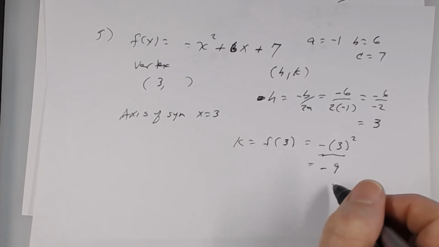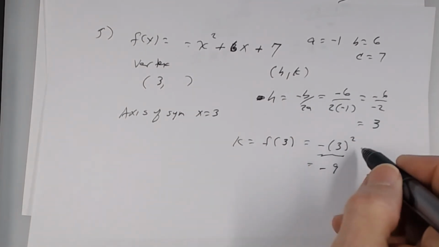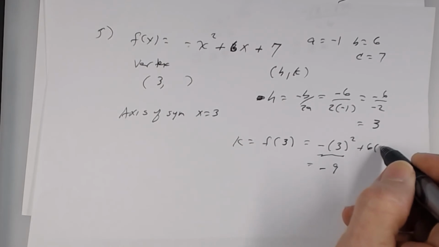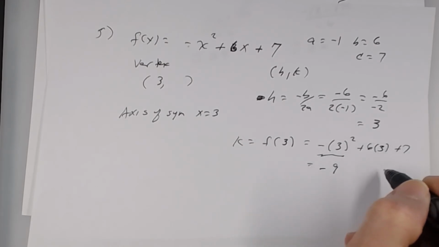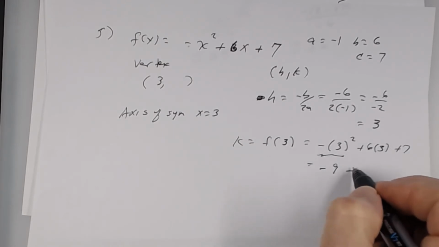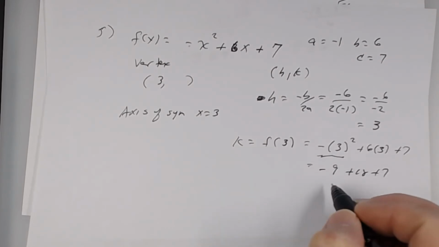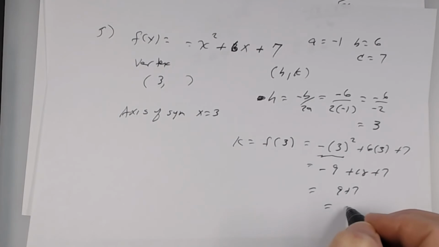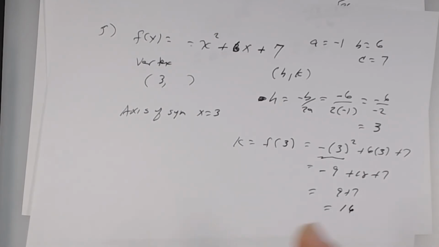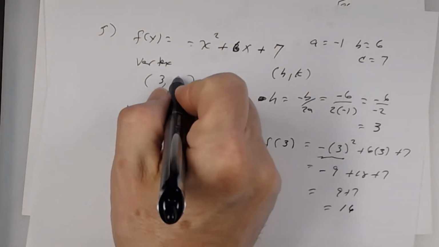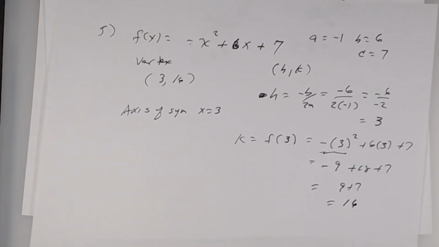Okay, negative 9 plus 6 times 3 plus 7. So that's negative 9 plus 18 plus 7. So that's 9 plus 7, which is 16. So there's your vertex. Y'all agree?